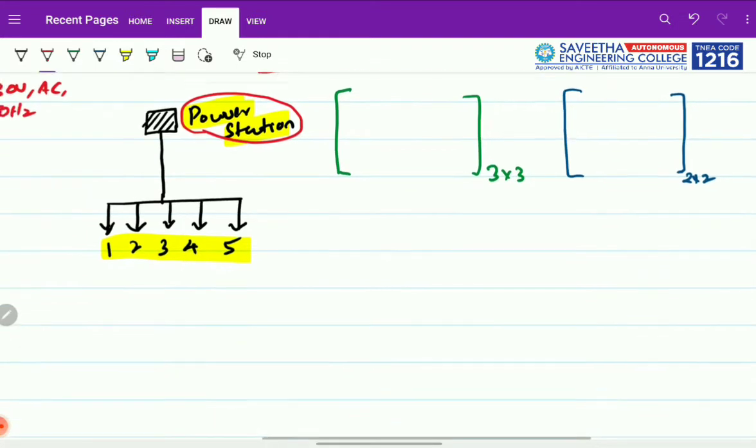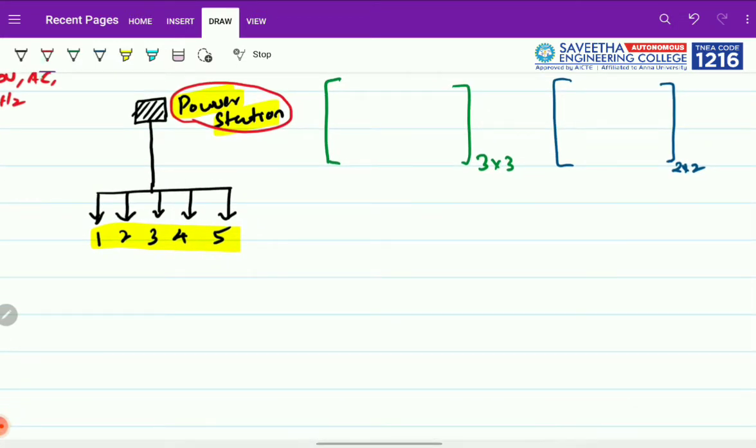For example, if I take load 1, which connects to a home, which requires a 230 volt 50 hertz AC supply, and I would say the fifth load is an industrial load which requires 3.3 kV 50 hertz AC supply.